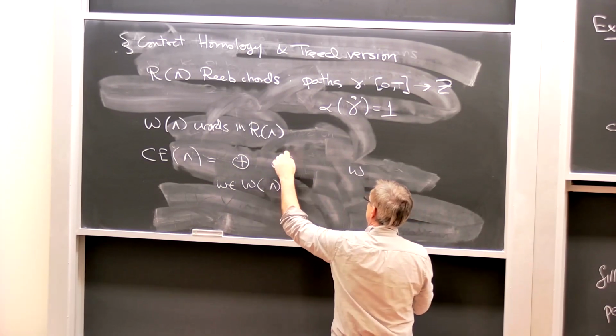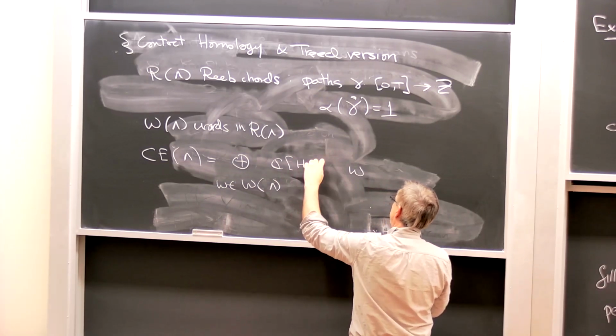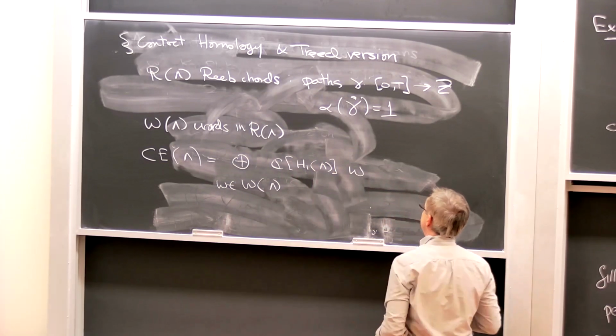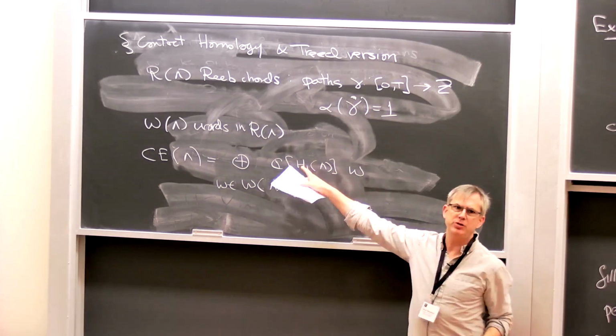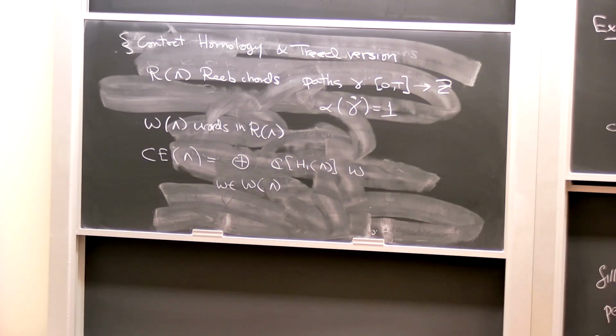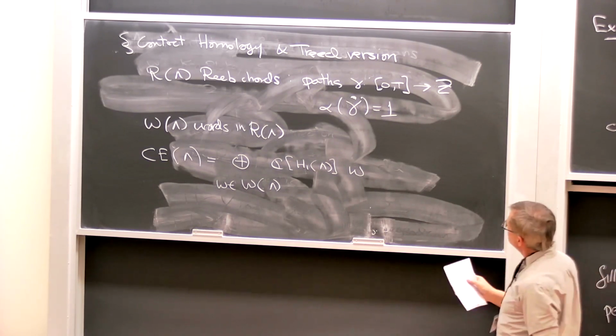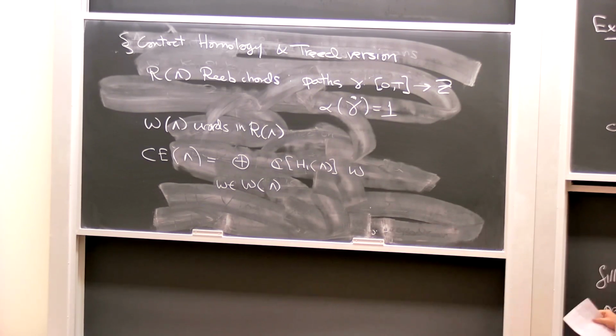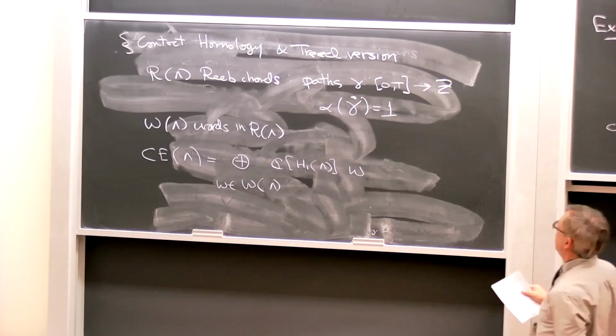And the standard choice of coefficient ring is to take the first homology of the Legendrian, take the group, and make that into an algebra.